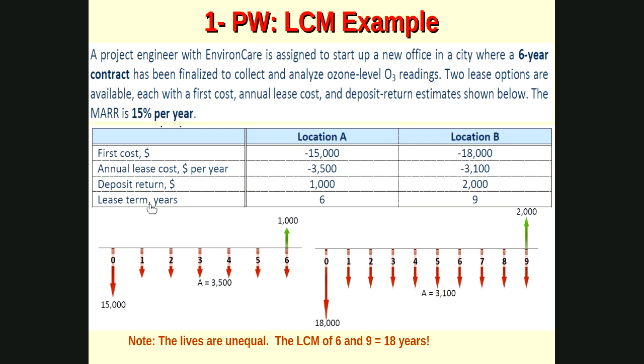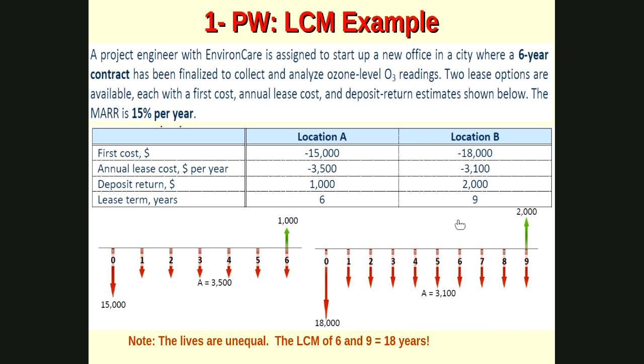The lease term, or the number of years, is 6 for location or alternative A and 9 for alternative B. What is going to be the LCM for the 6 and 9? This is the first step you have to do, and then you continue with the solution.